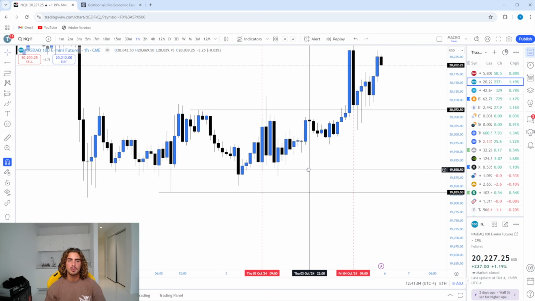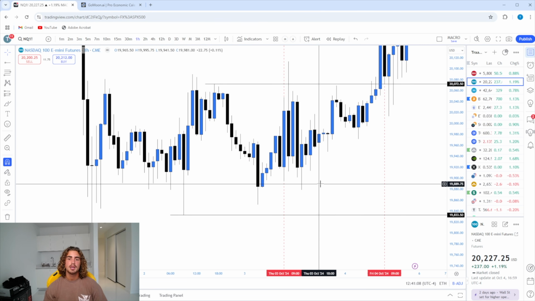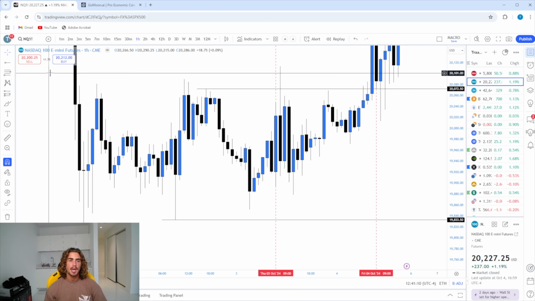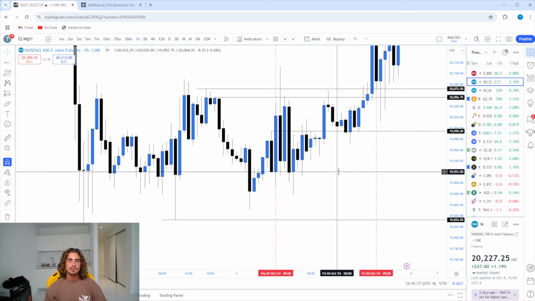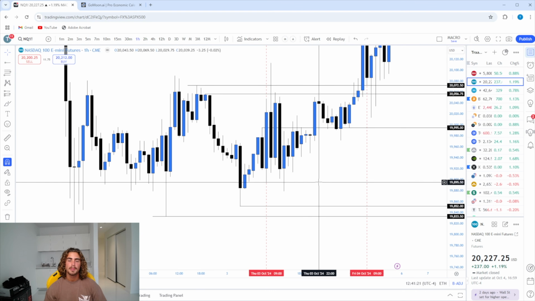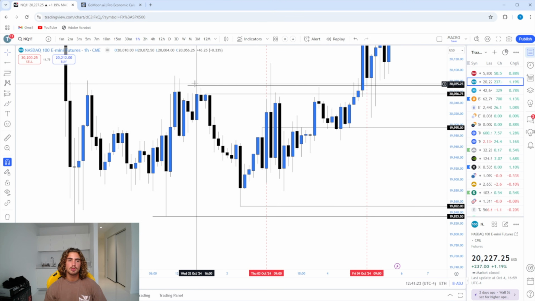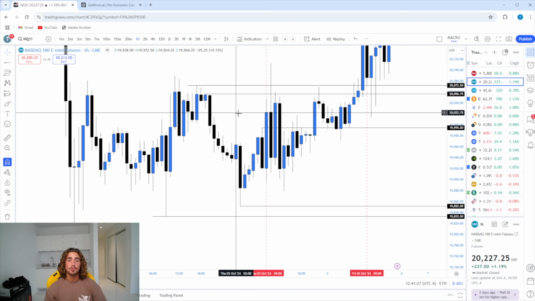Then let's go into the hourly time frame and mark out some hourly highs and lows. We have these hourly highs right here, these hourly highs right here, and these hourly lows right here. Cool, so we have 1, 2, 3 forms of what's called buy side liquidity.